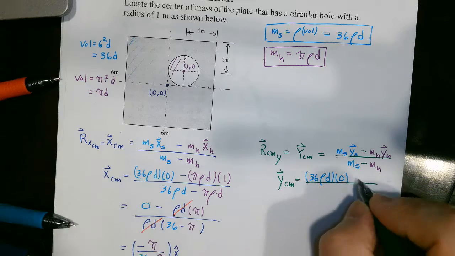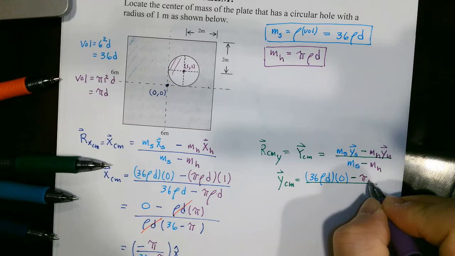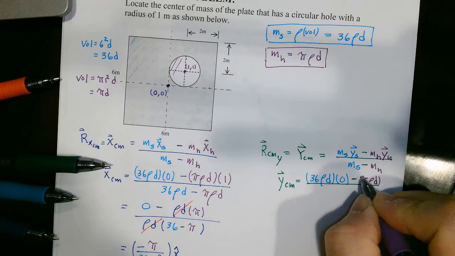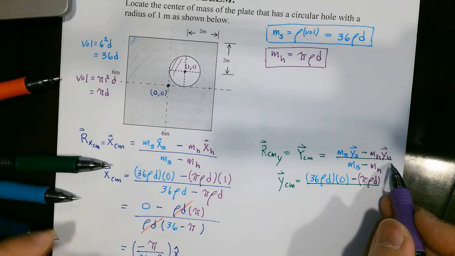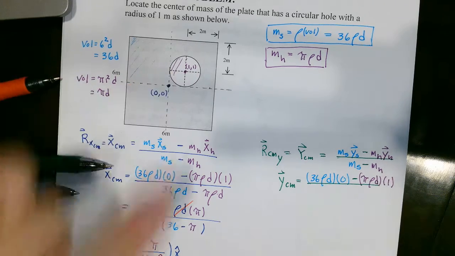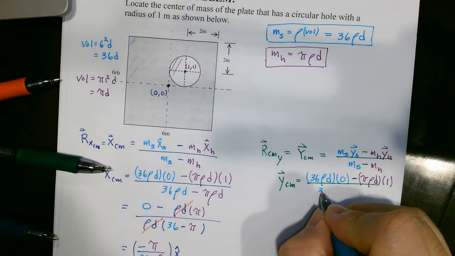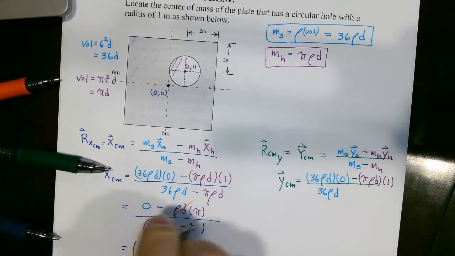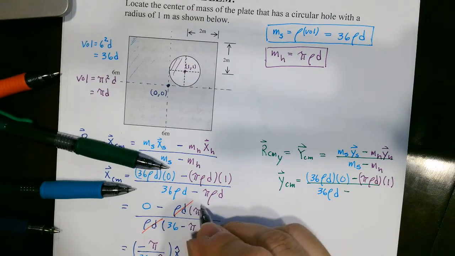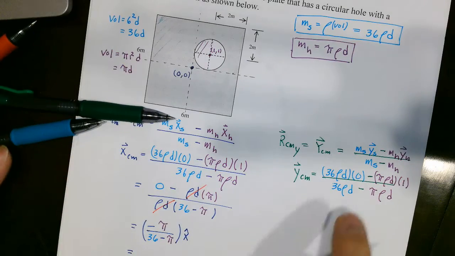Minus mass of the hole, right, which is pi rho d, right, times y hole, which is 1. Right? Again, you get 36 rho d minus pi rho d, right? That looks identical to this.